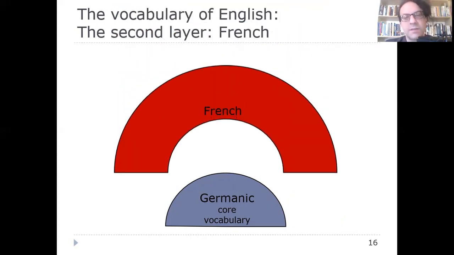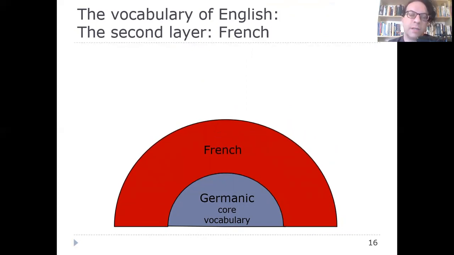Okay, and now it's like there's this new layer coming on top of the Germanic core vocabulary, which is like a second layer of all of these French words, thousands of new words that are coming in. Some of them are replacing the Old English words that were there earlier, because of course, Old English also had words for music and for to arrive and so on, right?